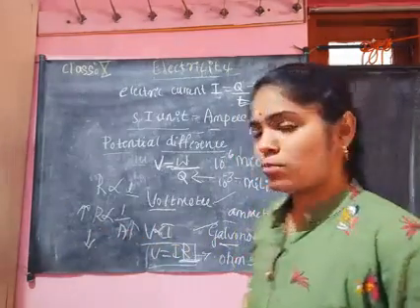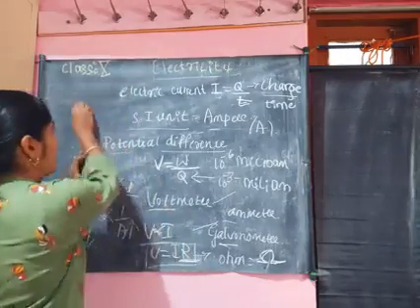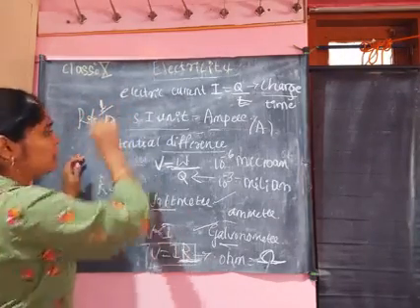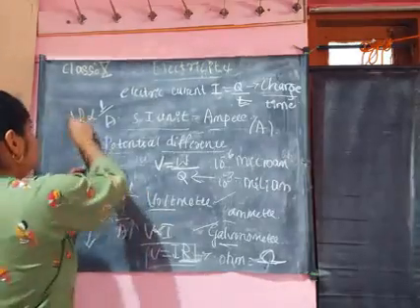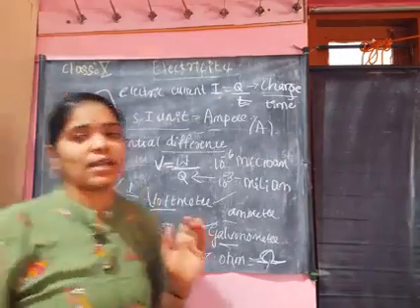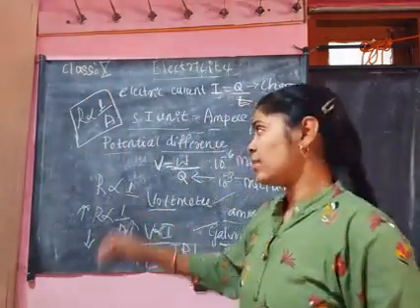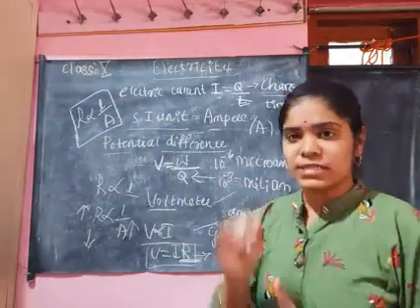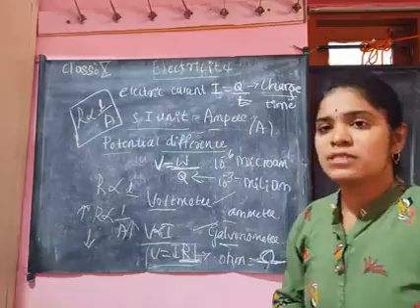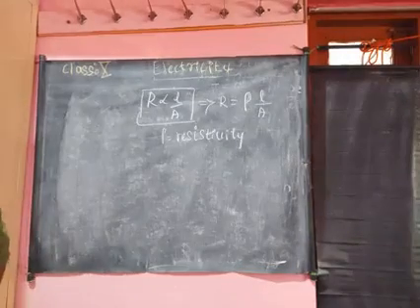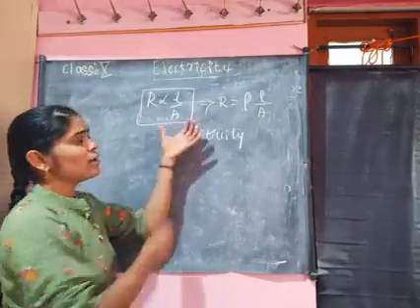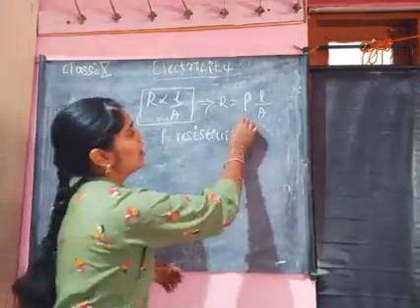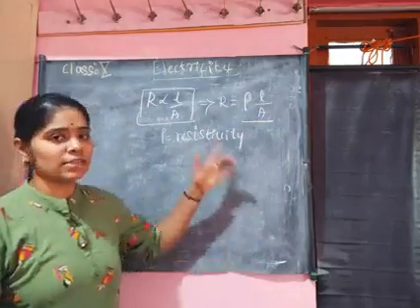We write R is proportional to length by A. These are the factors affecting the resistance in the electrical circuit.